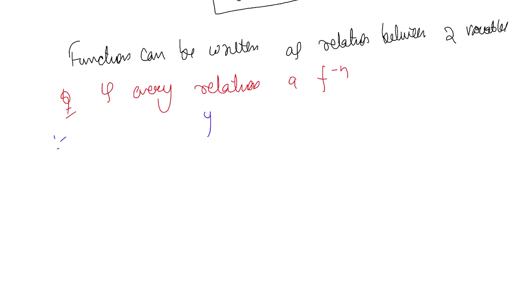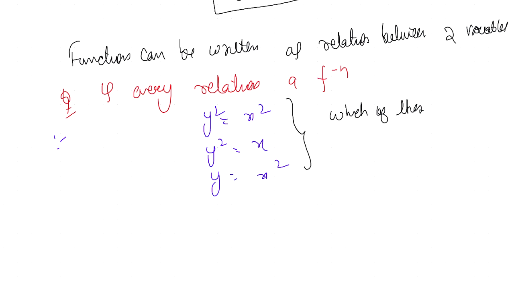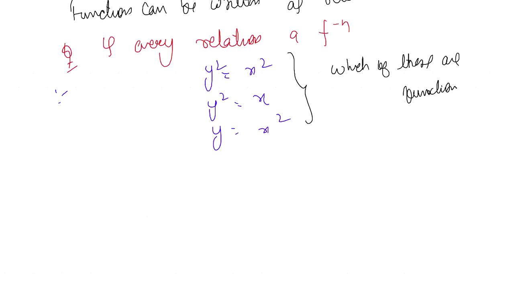Let's say we have y square equals x square, y equals x square, and so on. Among these, can you tell me which are functions? Try yourself, pause, and then come back and see how much you understood.